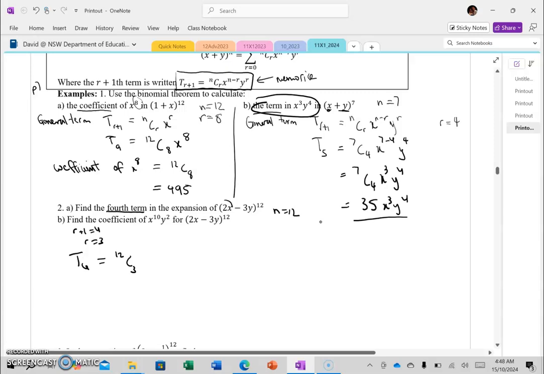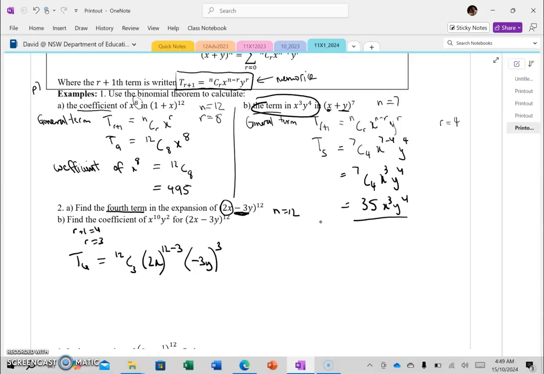And then the first bit, the 2x, I'll put in brackets, to the power of n minus r, so 12 minus 3. And then the second bit, which is going to be negative 3y, and note I include the negative here, negative 3y raised to the power of r, which is to the power of 3. So that's my fourth term.